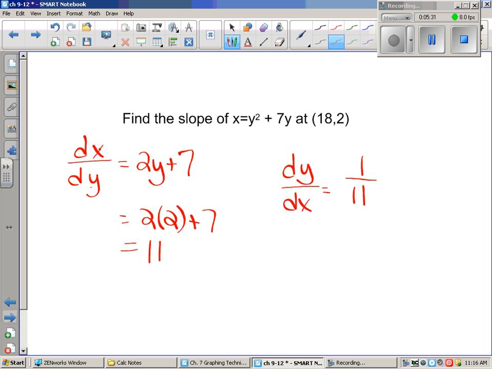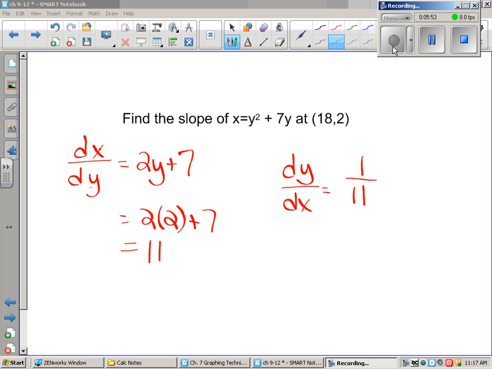Makes sense, doesn't it? Pretty easy stuff. Now, tonight's homework assignment, 7 through 13, is really just, you should be able to find dx over dy, find that derivative, and then from there, do the reciprocal. Okay? And that should be tonight.